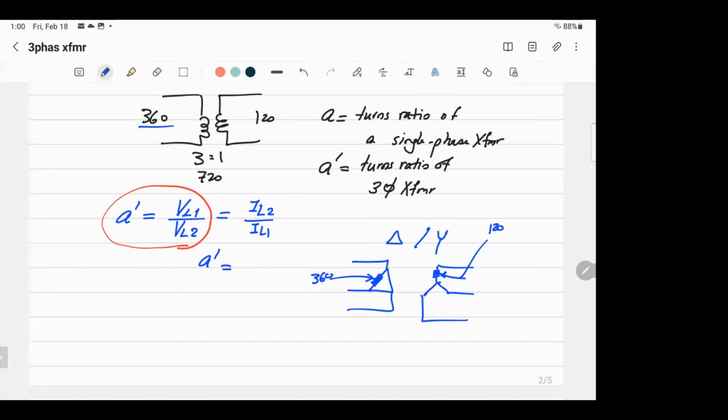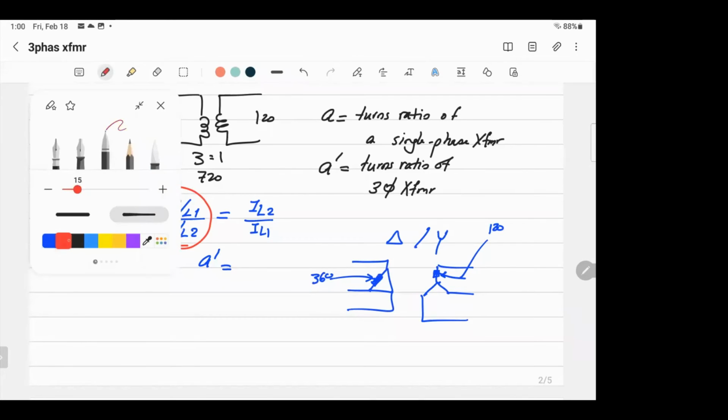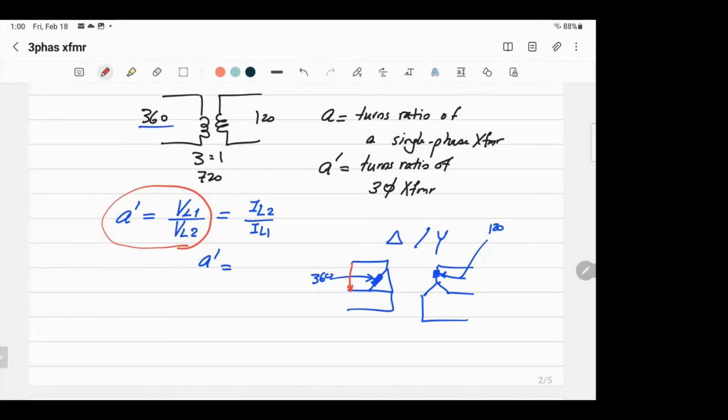The question now, what is the line voltage at the primary? This is the line voltage between this line and this line. So what is the value of the line voltage at primary? The same, right? Because between line and line, it's the same as its phase. So it's 360.